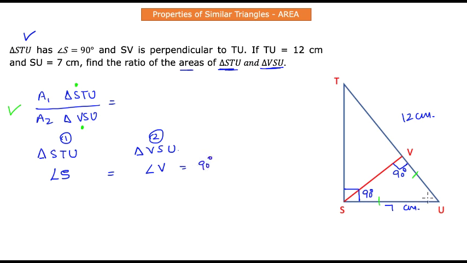And then if you look at this diagram carefully, you will see that there is one more angle which is common to both of these triangles, and that is angle U, right? So angle U in triangle 1 is the same as angle U in triangle 2 because it is common, whatever the measure is, but it is the same, right? And that leads us to a conclusion that using the AA criteria, two angles in those two respective triangles are equal, that means these two triangles are similar, okay?